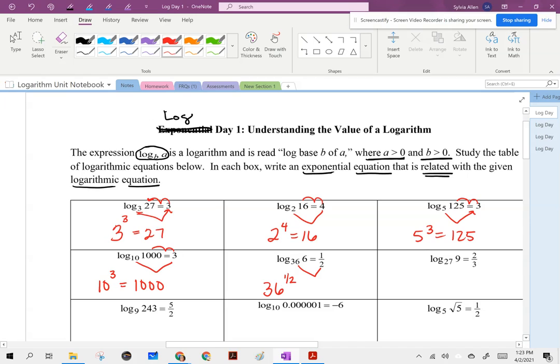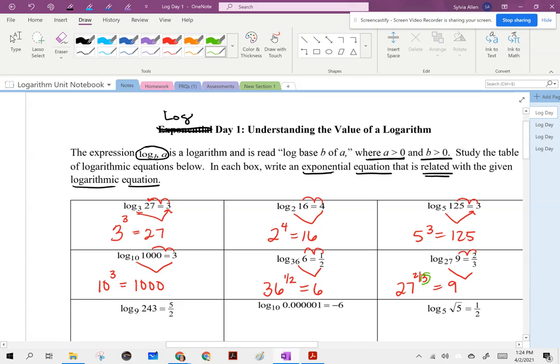36 to the 1/2 power. Remember, if you have a fraction as an exponent, it's going to represent power over root. So when we have a 1/2 power, it's kind of like, what's the square root of 36? And that's going to equal 6. So 27 to the 2/3 power equals 9. Just check that, right? The bottom number of the fractional exponent, so this 3, is the cubed root of 27.